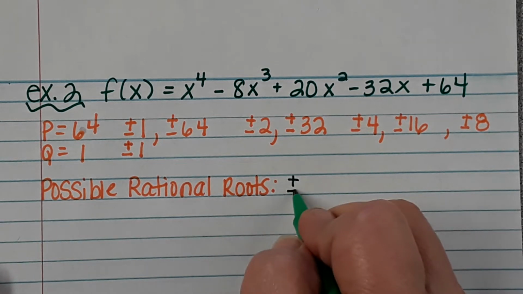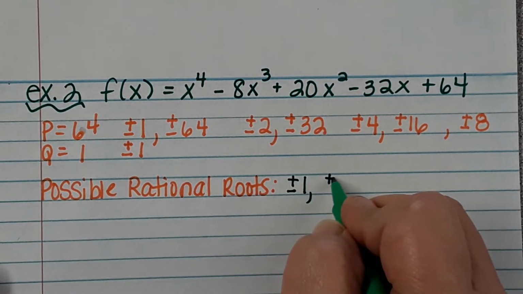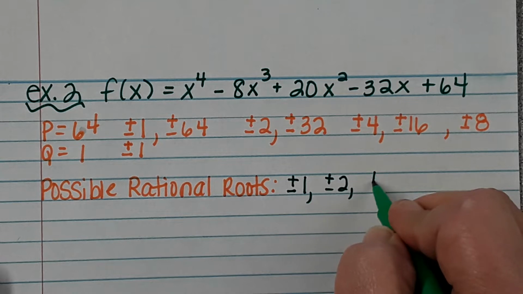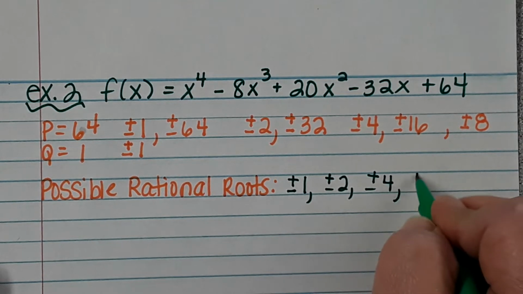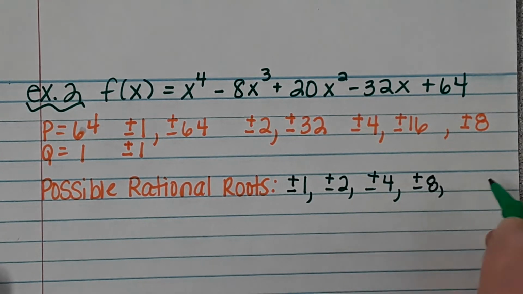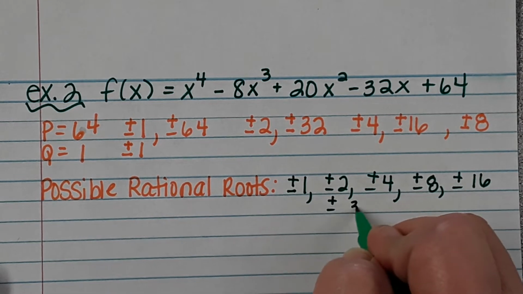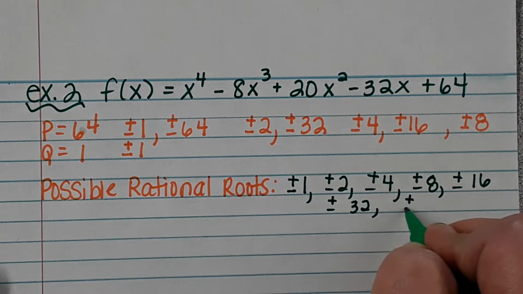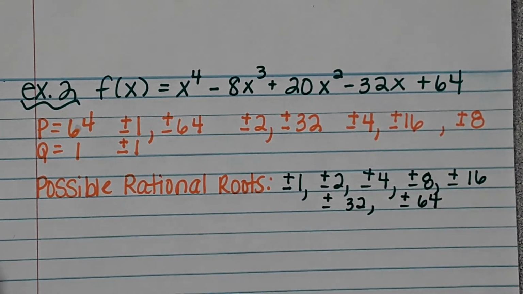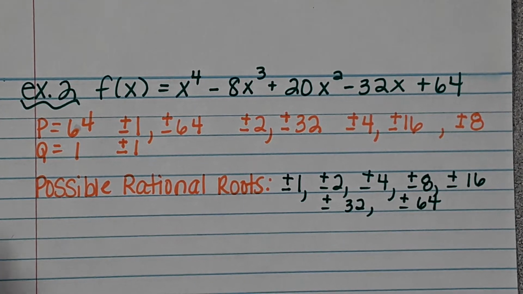So positive or negative 1, positive or negative 2, positive or negative 4, positive or negative 8, positive or negative 16, positive or negative 32, positive or negative 64. So those are our only possible rational roots. If none of those happen, then we have no rational roots.